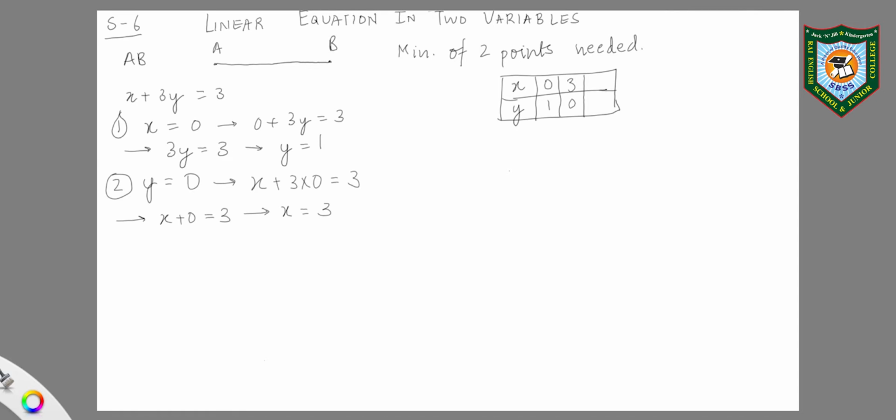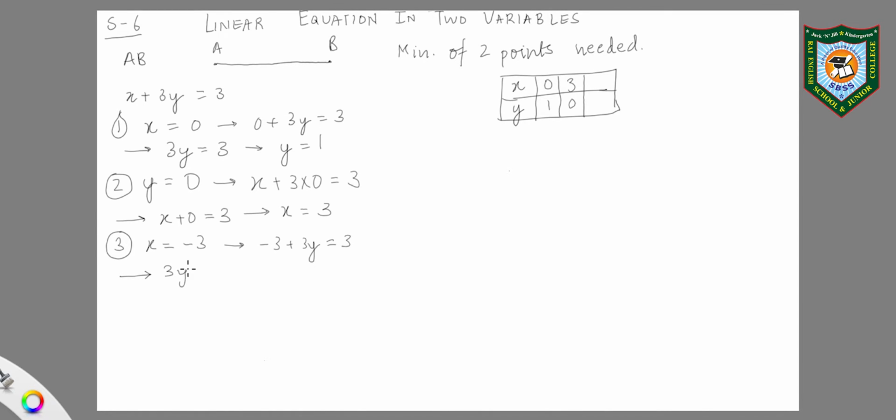Now we have received two sets of points, and as we have learned before we need a minimum of 2 points, but just to be safe I'm going to take a third point so that we can eliminate any kind of silly mistakes that we do make in calculations. So I have my third point here. I'm going to take x as minus 3. So when x is minus 3, I have minus 3 plus 3y is equal to 3. Minus 3 going to the right hand side becomes positive.